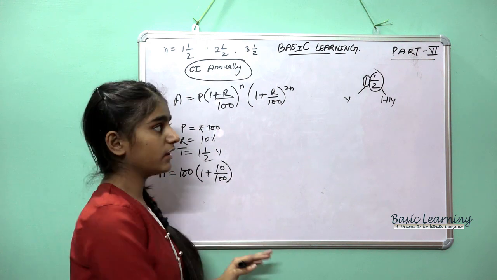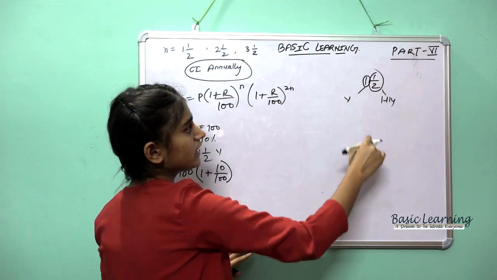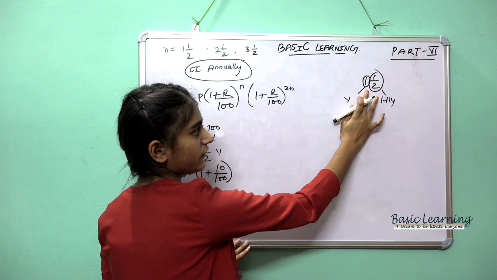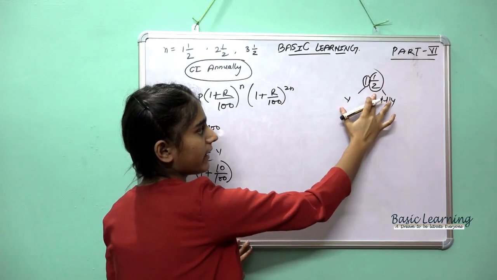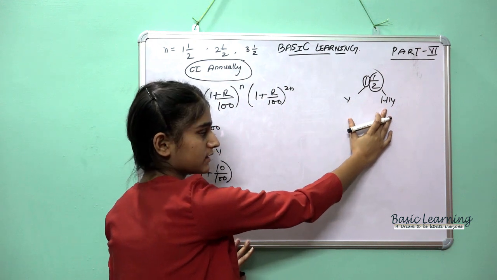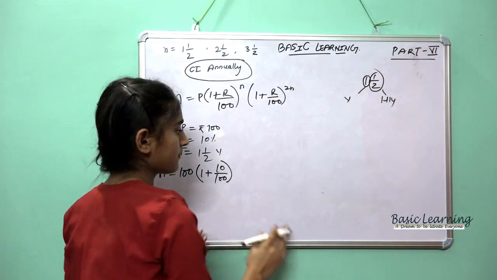Let's see once again. For the first year we will calculate the compound interest on yearly basis, and the half part will be calculated on half yearly basis. Hope you understand this.